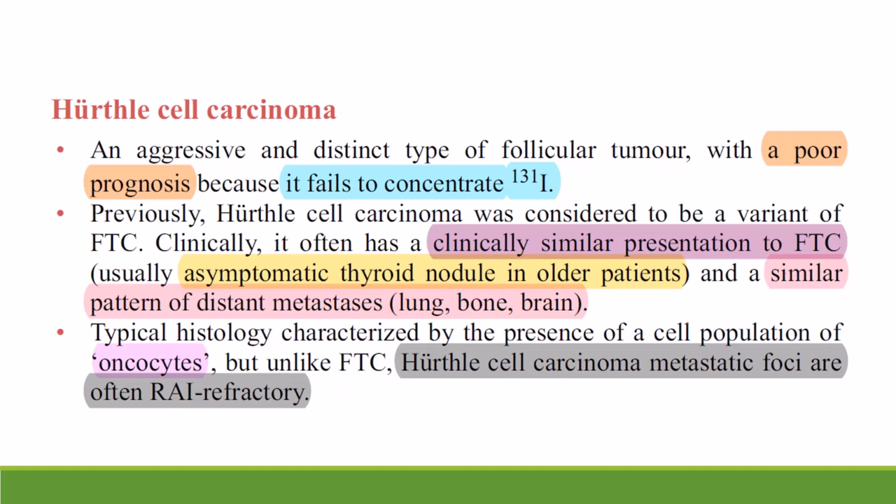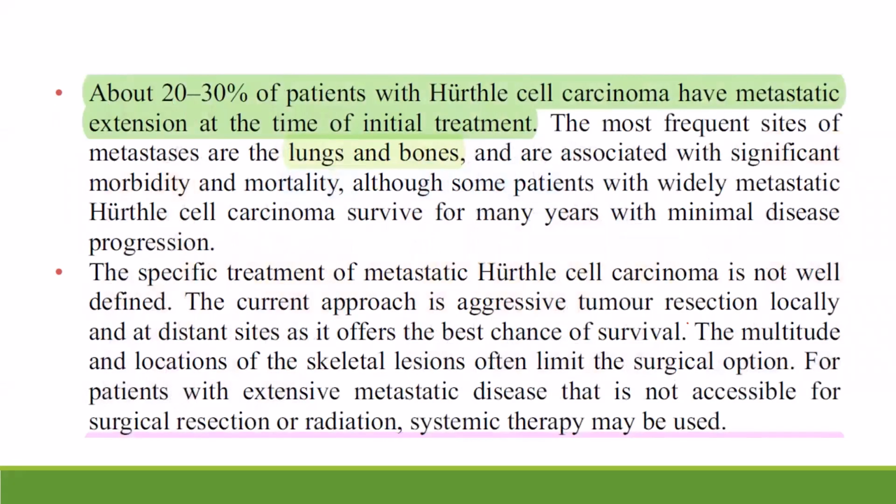Hurthle cell carcinoma metastatic foci are often radioactive iodine refractory, so should be treated only by surgery and suppressive therapy. About 20 to 30% of patients with Hurthle cell carcinoma have metastatic extension at the time of initial treatment, so radiotherapy can be used.